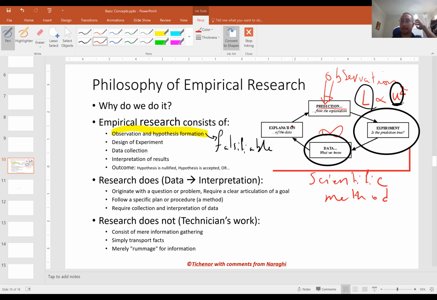You want to make a more elaborate model. Like, let's say you discovered the relationship between L and U. Now you want to see, is there a relationship between lift and dynamic pressure, lift and surface area of the wing, for instance. Okay?